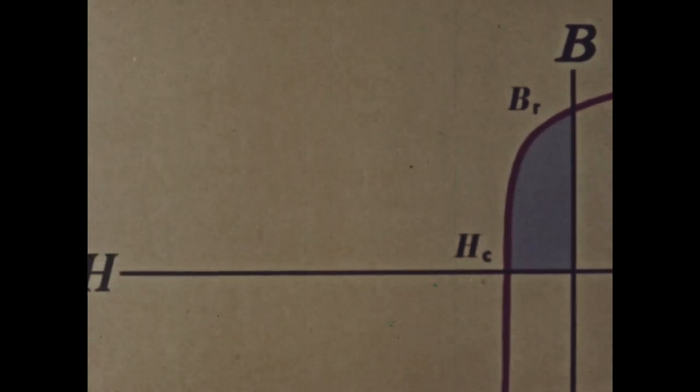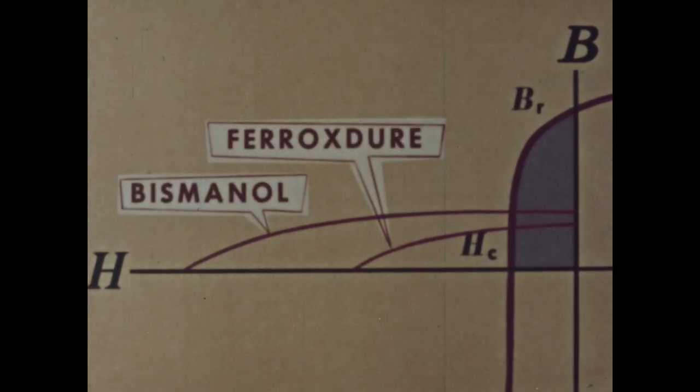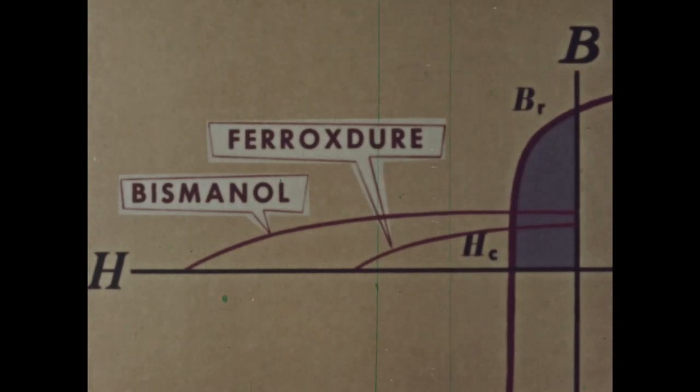Here are the demagnetization curves for two other modern permanent magnet materials, Ferroxdure and Bismanol. Both of these materials have a lower remnant induction than alnico 5, but their coercive forces are higher, and the areas under the curves of all three materials are of the same order.